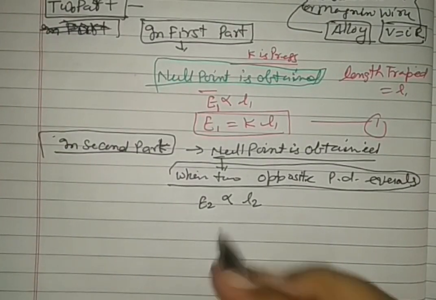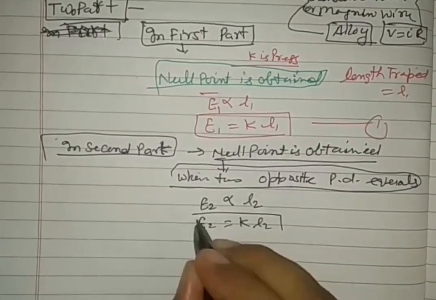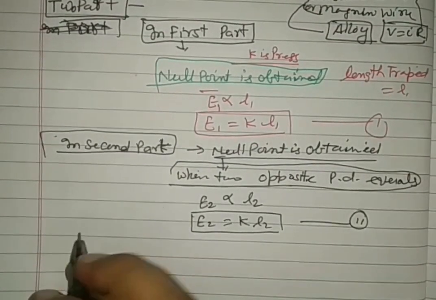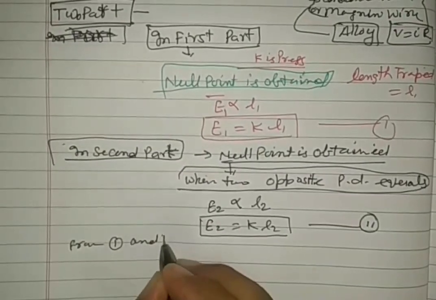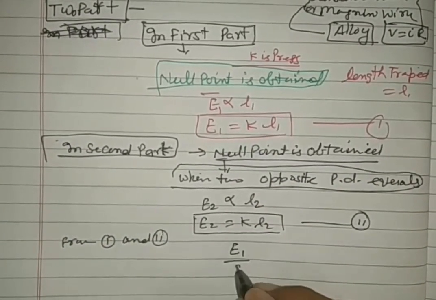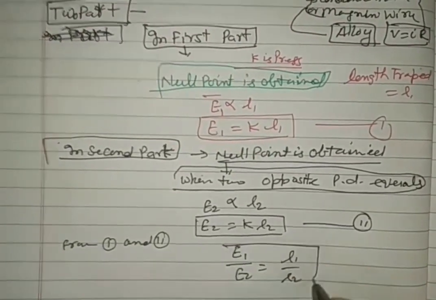Now we may write E2 is equal to KL2, right? Now from equation 1 and 2, if we divide both equations, we obtain E1 by E2 is equal to L1 by L2.